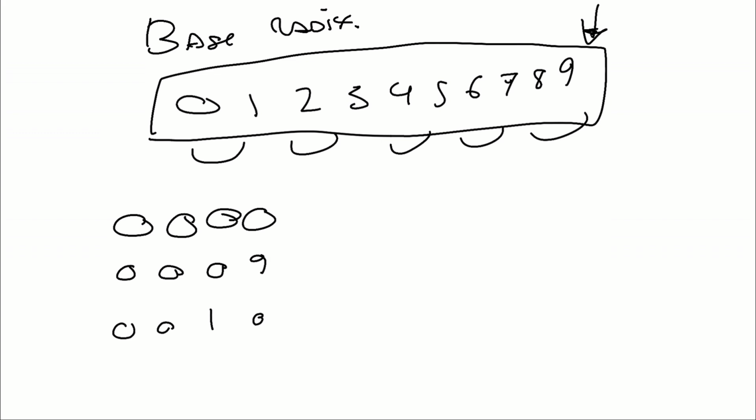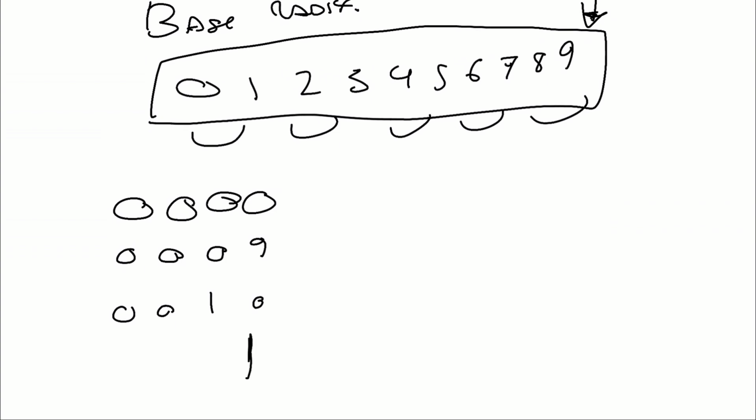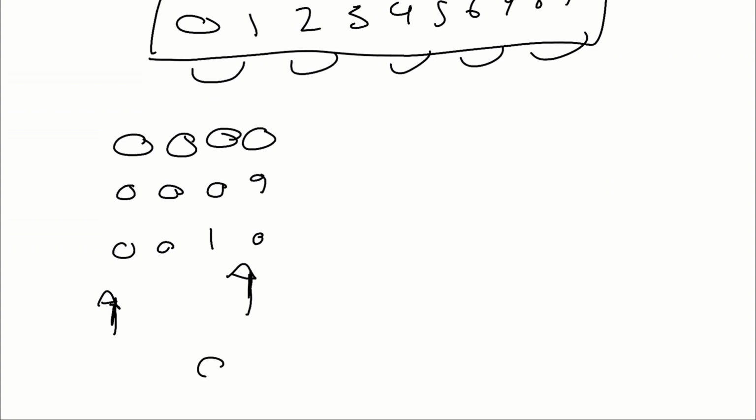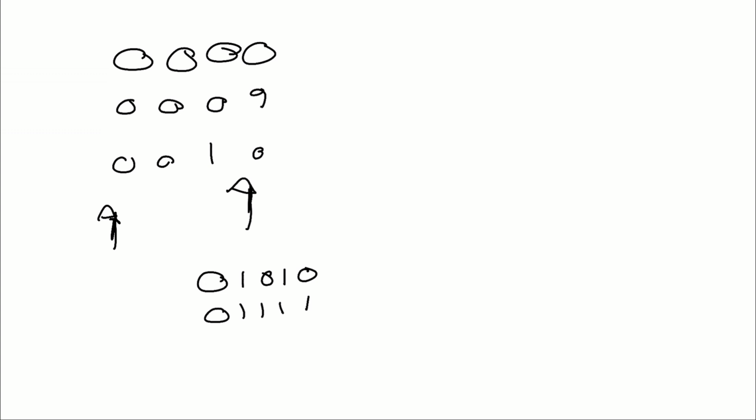It's a very complicated way of saying how to count to 10, but the idea is the concept of a most significant digit and a least significant digit. The least significant digit is the one over here, and the most significant ones are to the left. This makes more sense when we talk about binary, because in binary we only have 2 symbols to count, so the changing of the digits happens quicker.